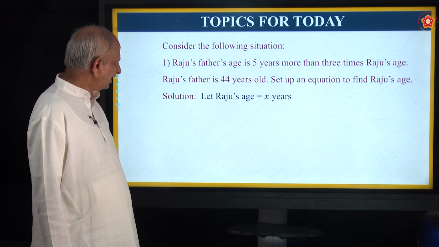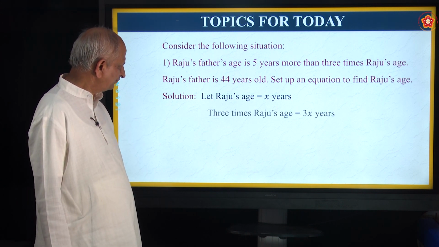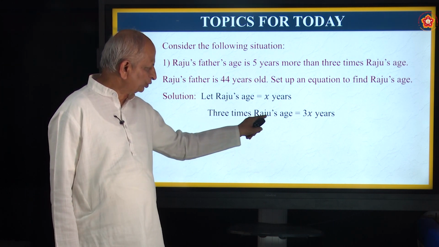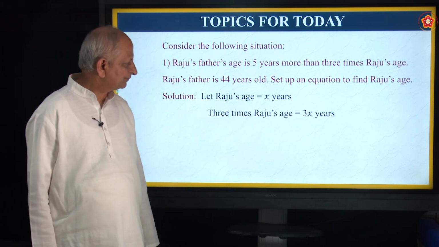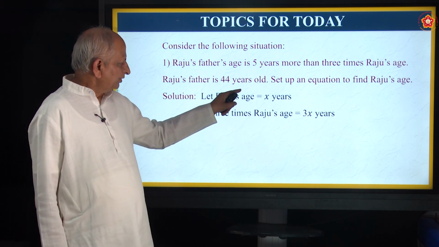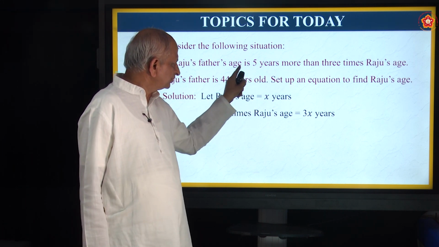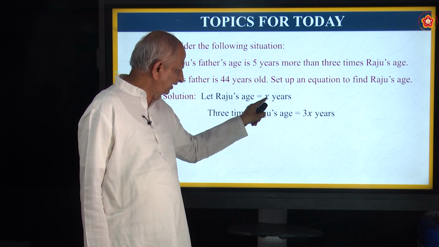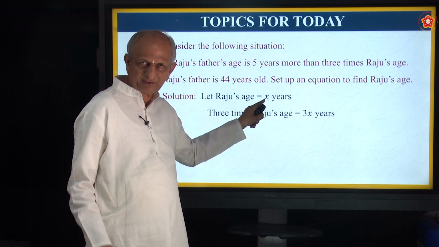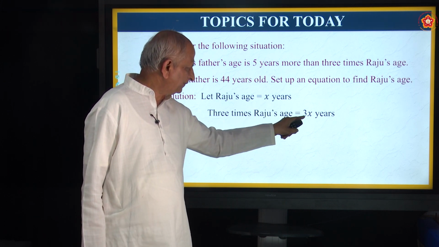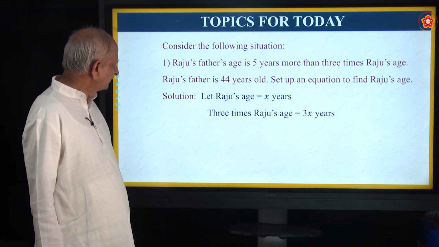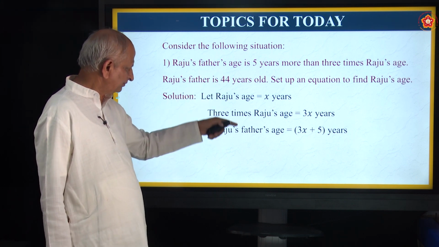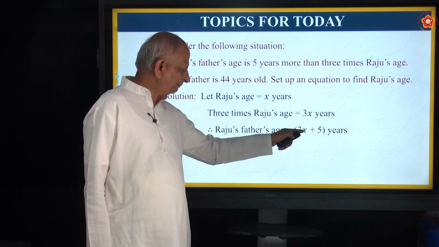Now, you are telling Raju's father's age. So, what happened to father's age? 3 times Raju's age is 3x. So, 3 times x, we will take it as x here, it may be m or a or b or c. So, 3 times means 3x. So, 5 years more means what? 3x plus 5.